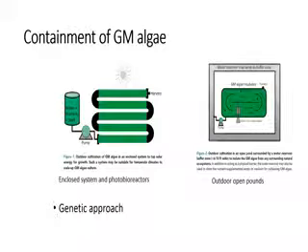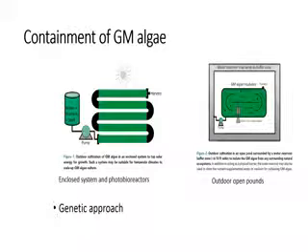Open ponds did produce a higher yield and were cheaper, but the problem was that they got contaminated, and the water could mix with other water sources and create pollution. In the case of enclosed bioreactors, there was less chance of pollution, and everything was in a controlled environment. Nutrients, sunlight, water, everything could be provided in a controlled environment, but it was found to be costly.